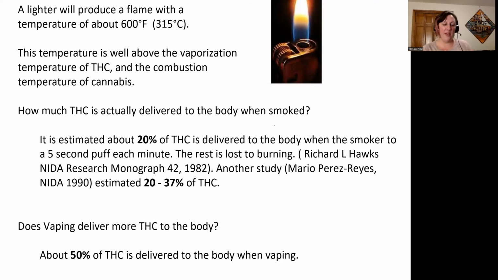And so the combustion reaction itself is losing a lot of the cannabinoid compounds just to the atmosphere, right? So there's less efficient conversion of compounds in the plant into the bloodstream of the person consuming it.